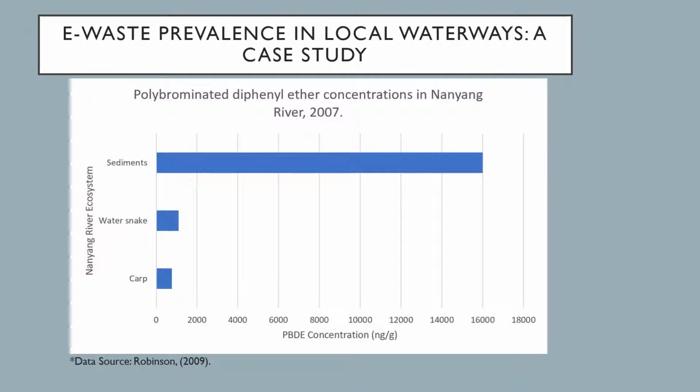The water snake is one of the prime hunters of the Nanyang River, and it's obviously also being adversely affected, and carp are a food source for surrounding towns, including Guiyu.